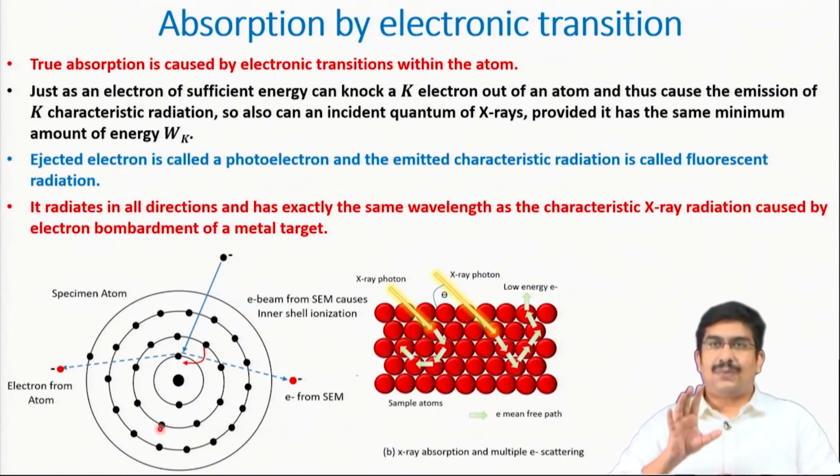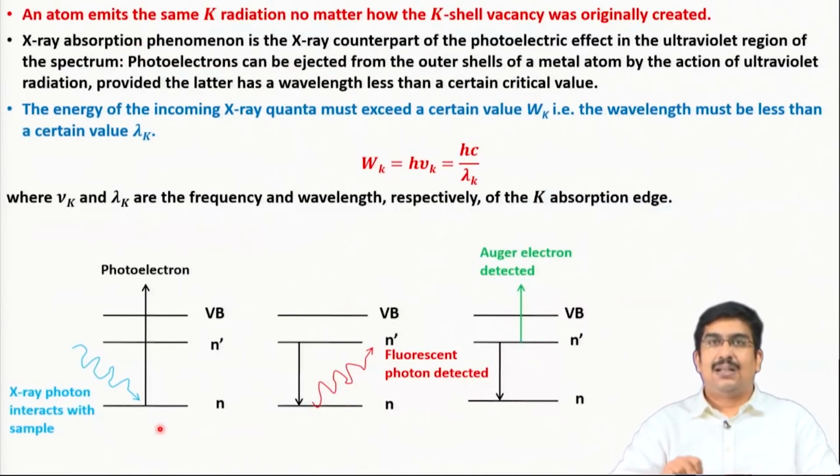Okay. Now this fluorescent radiation can emit in all possible directions, but the wavelength of the K fluorescent radiation is exactly the same, and wavelength being the same means energy also is the same, as the K characteristic X-ray radiation which is caused by the electrons when they encounter a metal target.